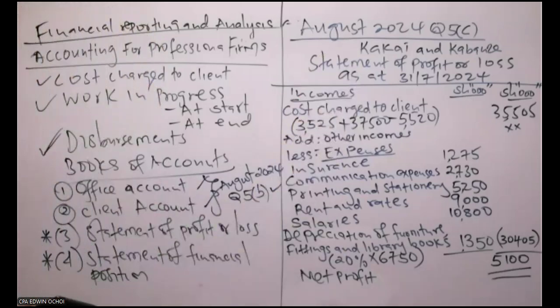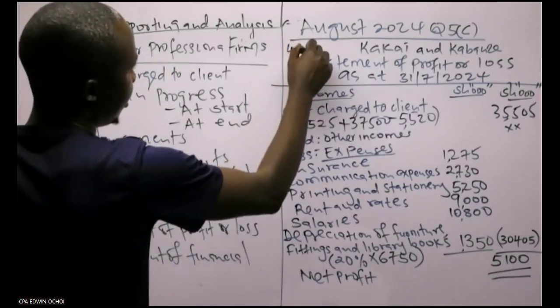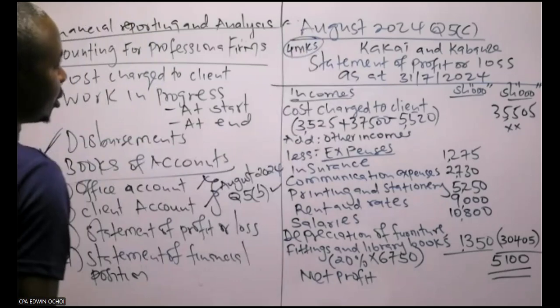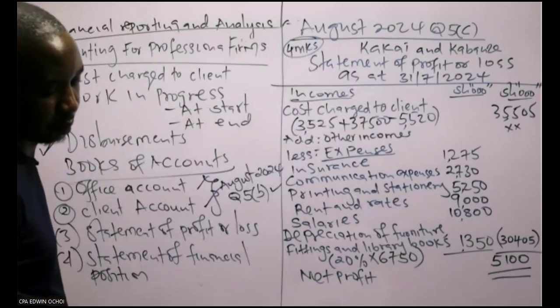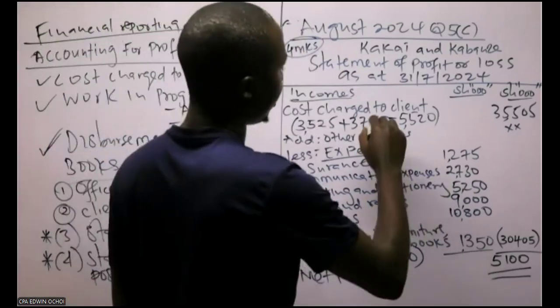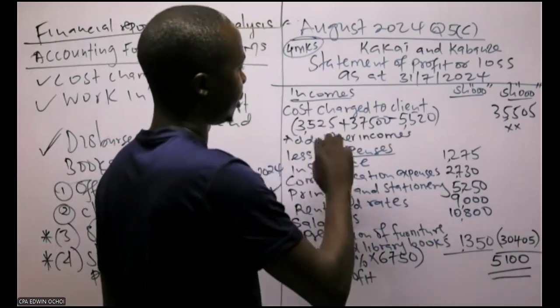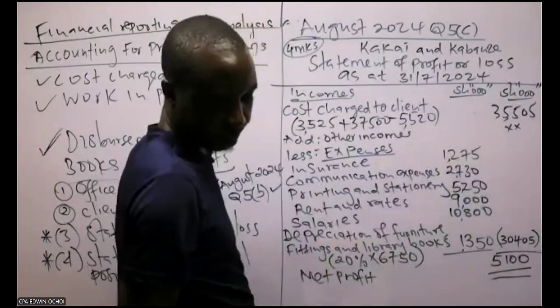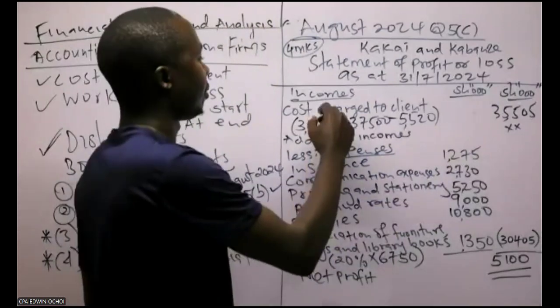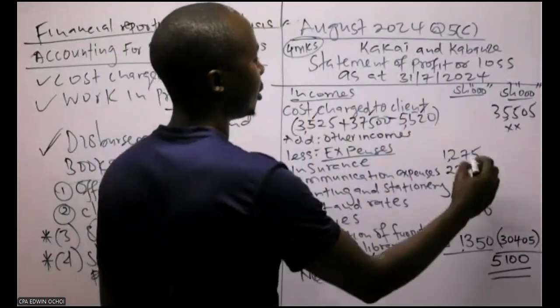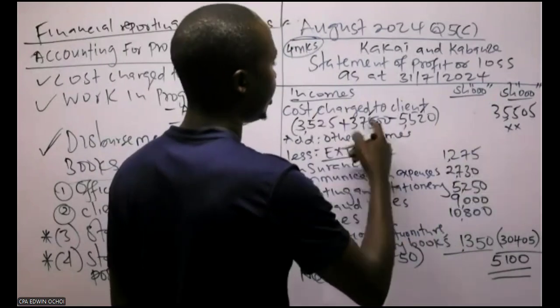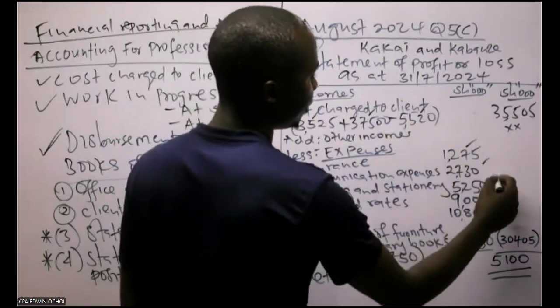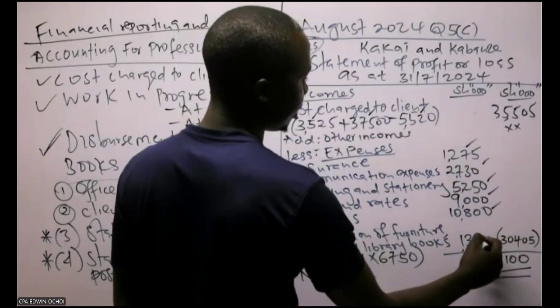All right. So this one was having 4 marks. Out of these entries you could have done, they could have marked 1, 2, 3, 4, 5, 6, 7, 8, 9.